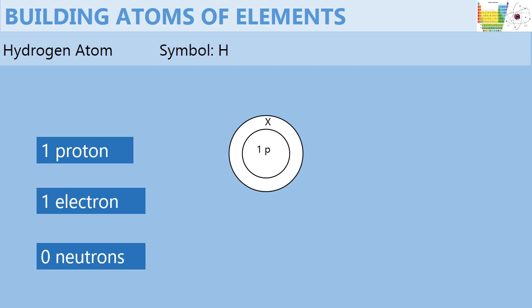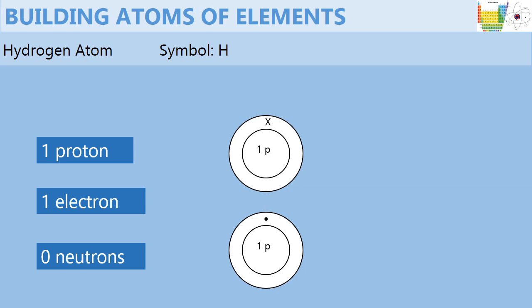We always represent electrons with an X. Sometimes we could represent electrons with a dot. So either way, any of these two structures would represent the hydrogen atom.